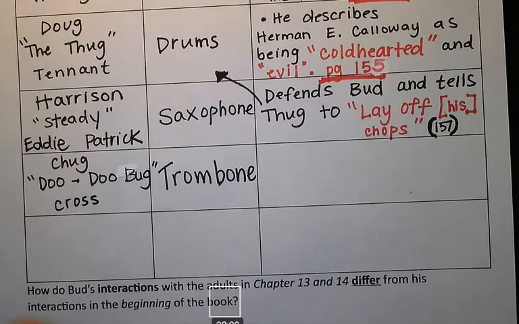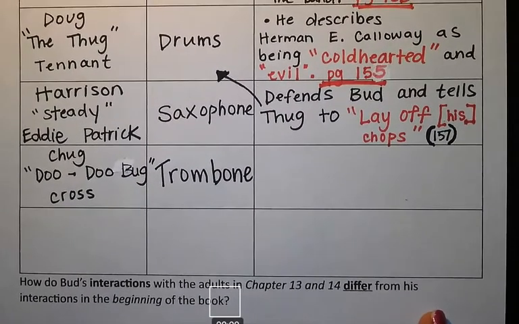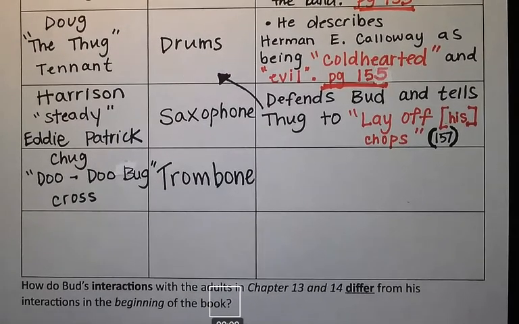So what does Chug Bug do in the book? How is he mentioned, or what action does he take? What does he tell Bud? If you need to stop and go back into the book, you are more than welcome to do that.